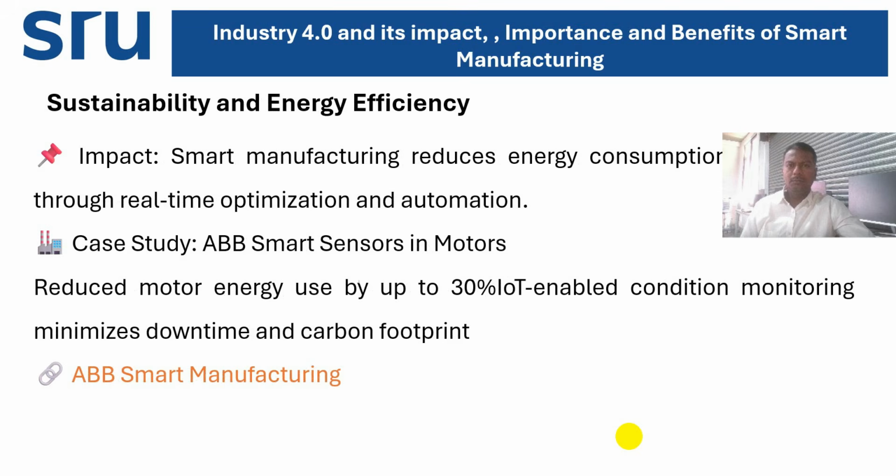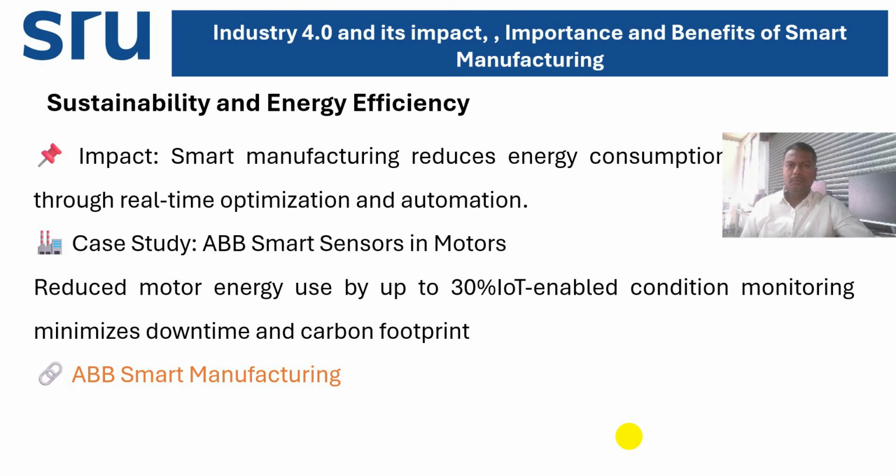Some other companies, like motor and generator manufacturing companies such as ABB, have started to adopt these technologies to improve energy efficiency and sustainability, especially to reduce energy consumption and waste in real-time motor manufacturing.